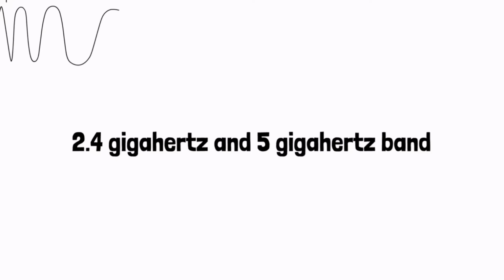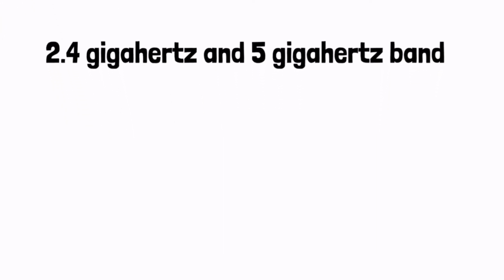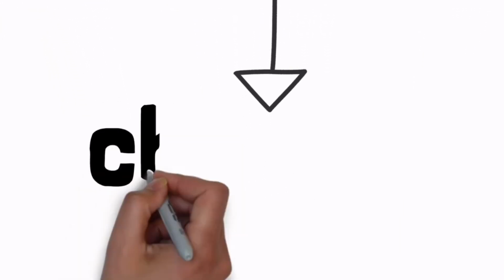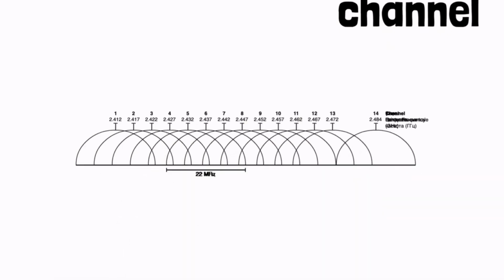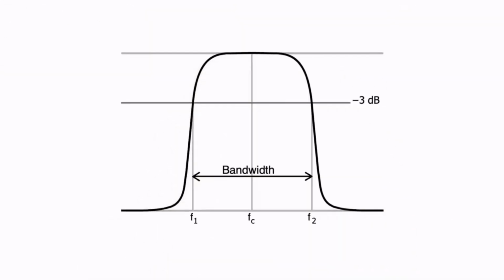Now, the 2.4 GHz and 5 GHz bands are further divided into what are sometimes called channels, to avoid overlapping of two different frequencies for two different devices. Each channel has a different number and is assigned to a specific frequency. The frequency range needed for the transmitted signal is called bandwidth.